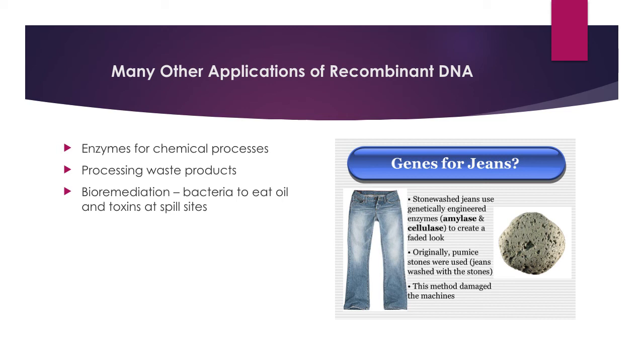We can make bacteria that are good at breaking down waste products or even cleaning up oil spills or toxins. We used to make stone wash jeans that were actually washed with pumice stones to make the cotton softer and easier to wear, but now that's done with an enzyme that's made from biotechnology. So this has really been a remarkable advance worth billions and billions of dollars.